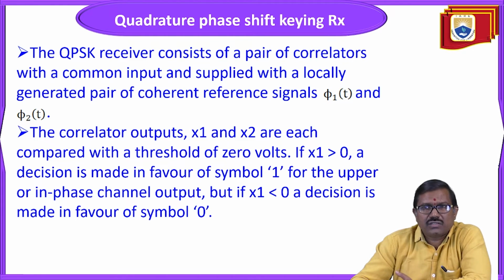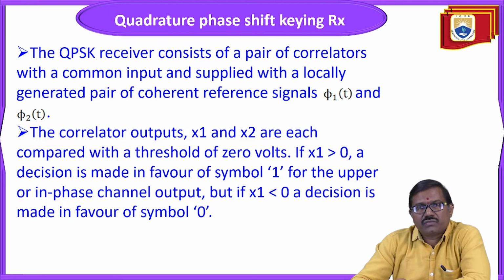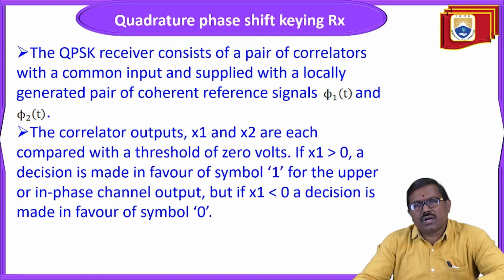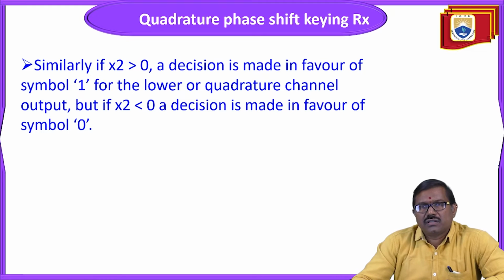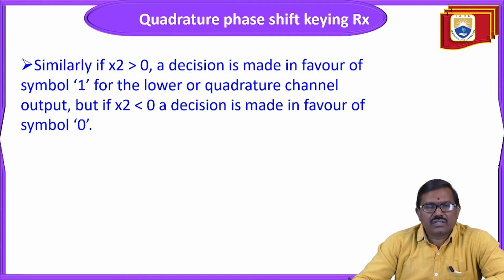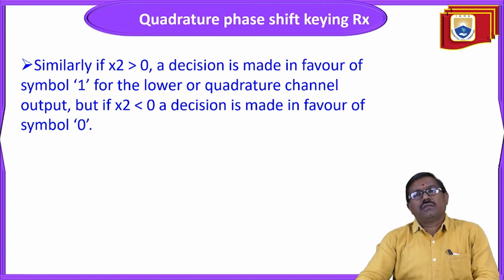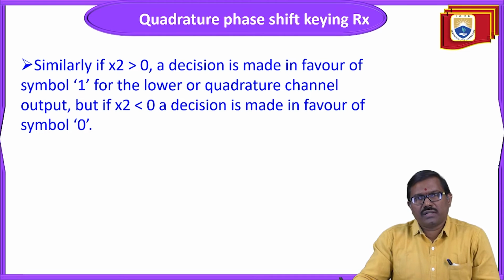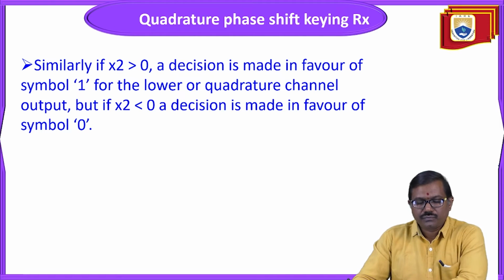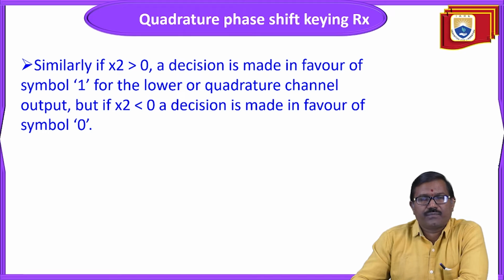If the threshold is not exceeded, then the decision is made in favor of symbol 0. Why? Because this is binary, so either 1 or 0. Similarly, if x2 is greater than 0, the decision is made in favor of symbol 1 for the lower or quadrature channel, and similarly for the second output also.